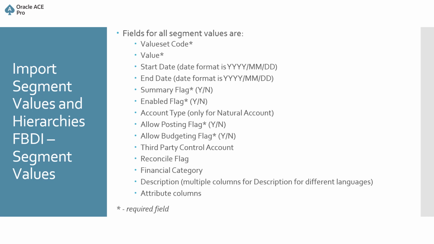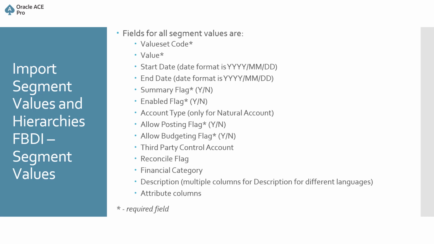So can I use this value? Again, if you're loading all these values to your instance, chances are you're going to be using them. And enabled is an important field to think about. If I disable a value, I will not see it in any list of values. If I try to report on it, it will not exist. So it is a concept to try and think about.